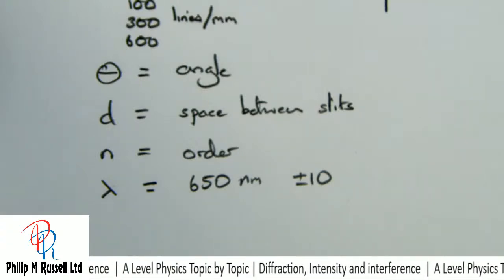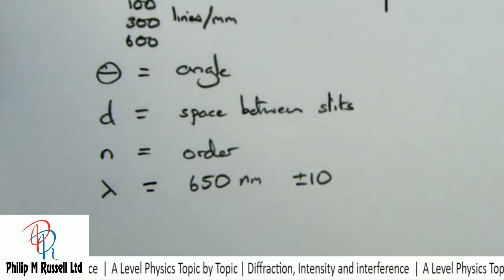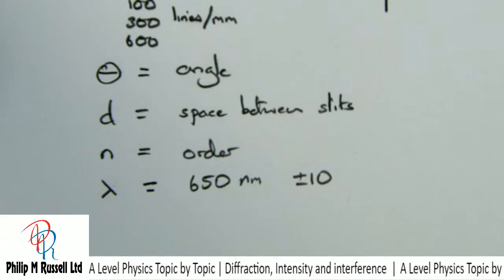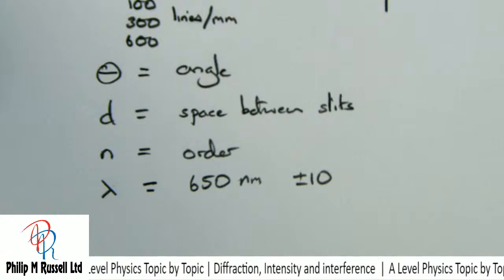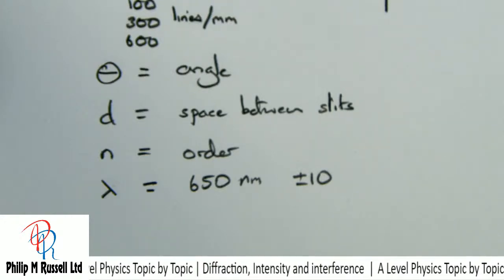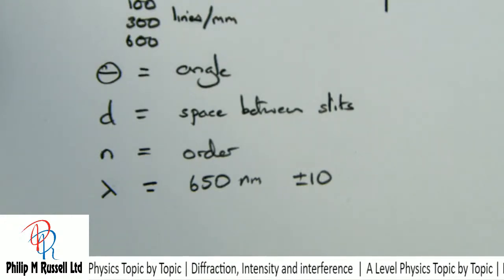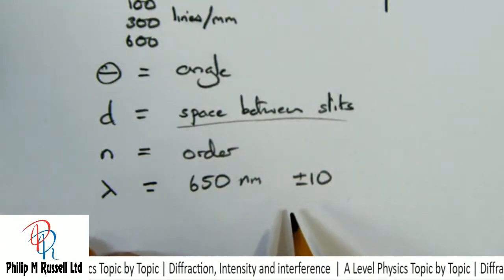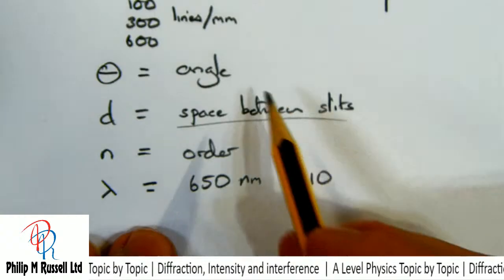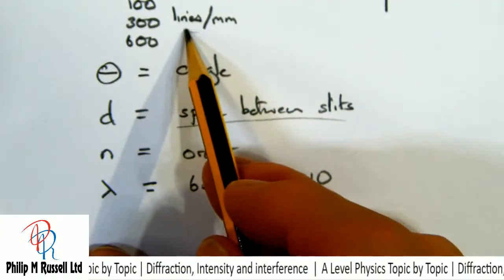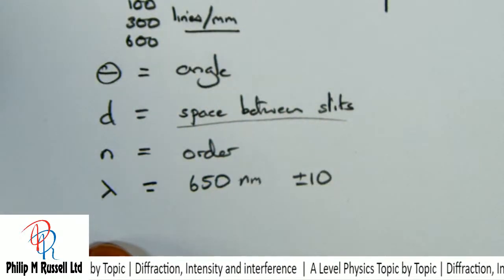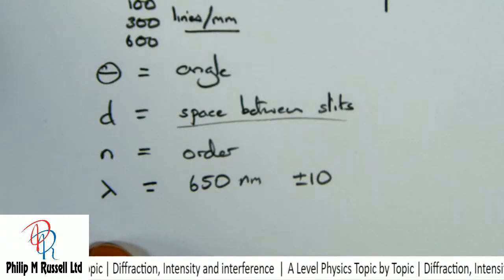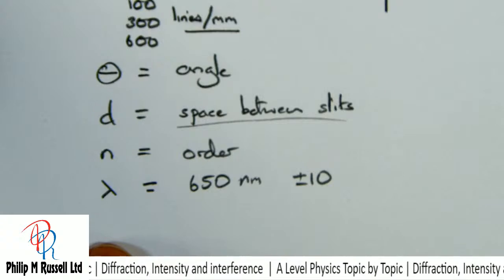So if I've got this, then we can try and play around with all sorts of bits and pieces. Sometimes when we've got our diffraction grating, we want the space between the slits, and what we're given here would be lines per millimeter, which means we've actually got to do an initial calculation to work that out.